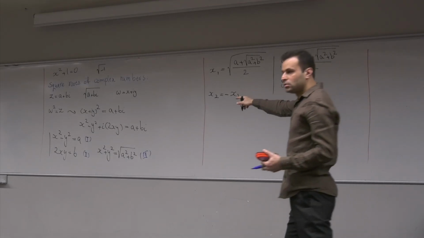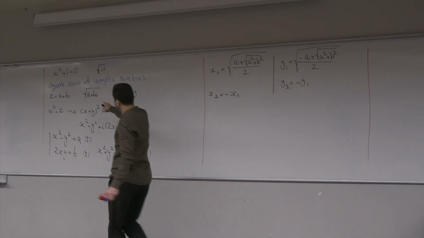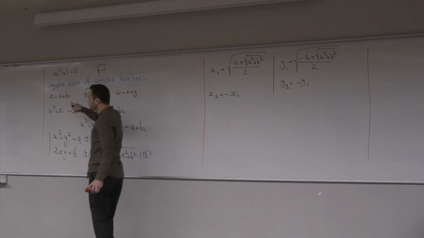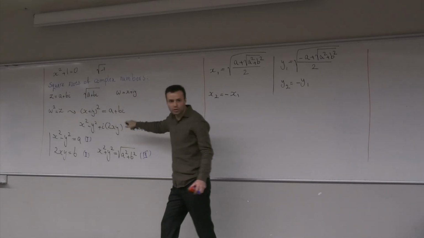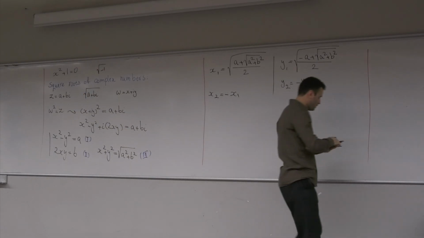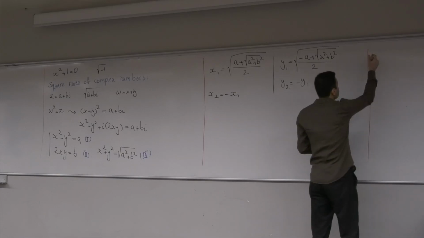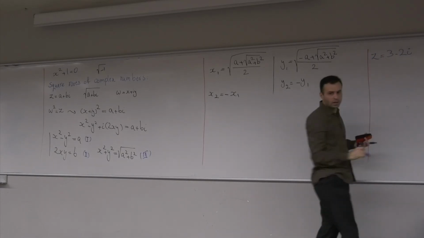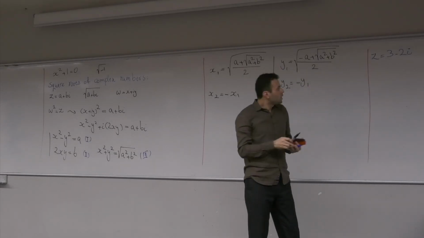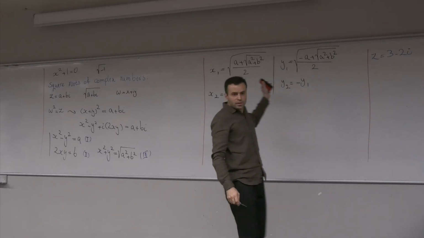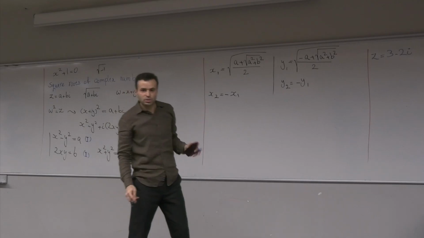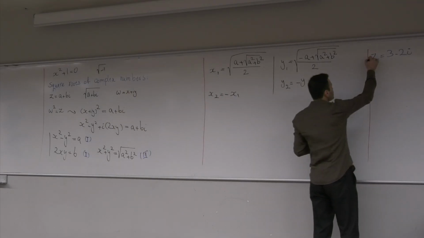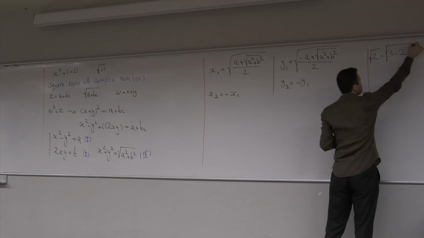What happened? We were having this number, and we were trying to find its square root. For instance, let's write an example. For instance, this 3 minus 2i. Okay? If we want to find these values of x1, x2, and y1, y2 for that number, which means that, can you please calculate the square root of this number?